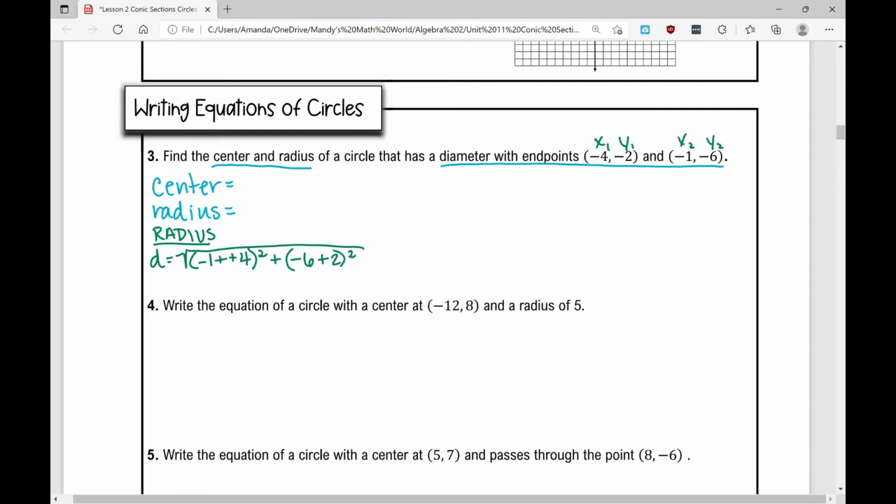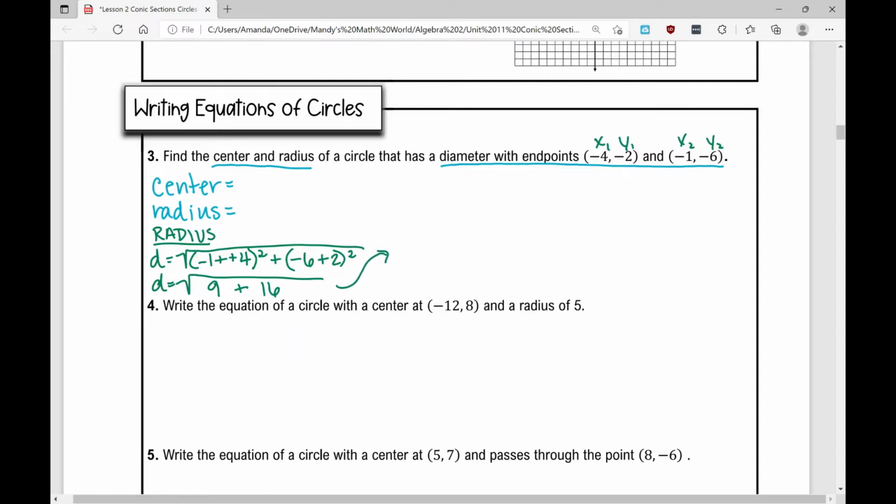Now we're going to do a little bit of this at a time. The first thing is -1 plus 4 is +3. +3 squared is 9. Plus -6 plus 2 is -4. -4 squared is +16.